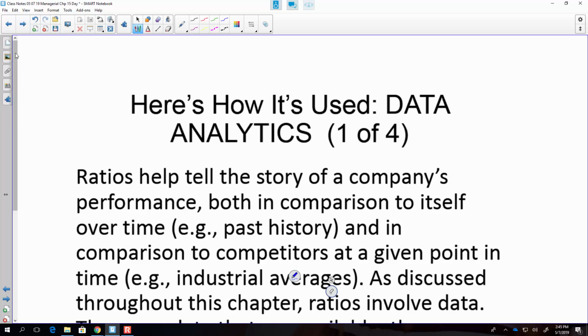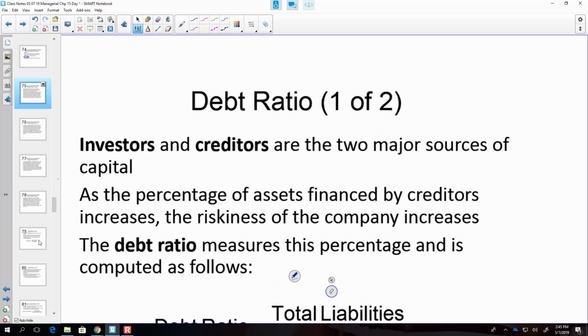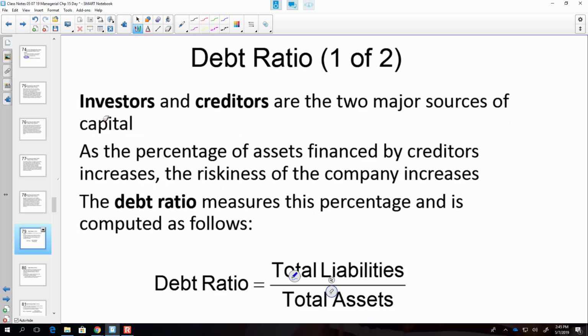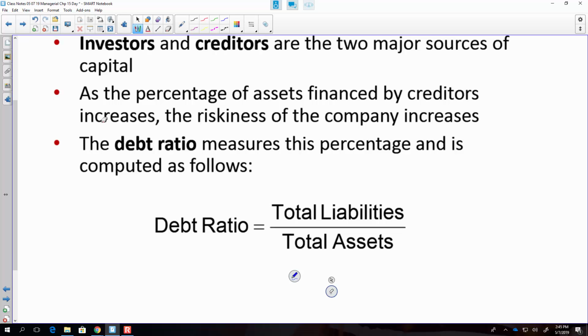So the other one that is used is our debt ratio. Very easy, total liabilities over total assets. And what does this measure? This is on page 854.